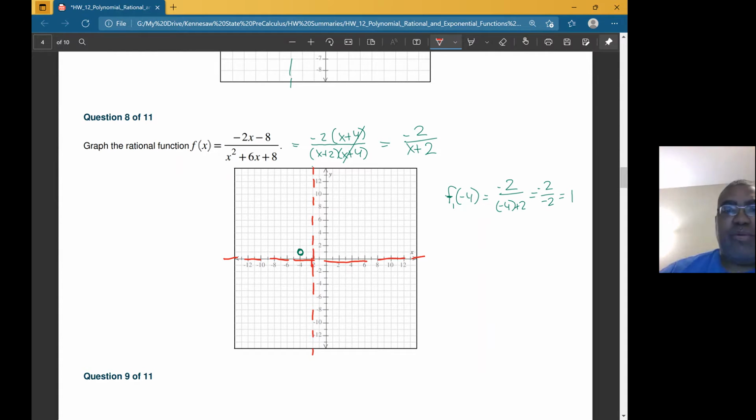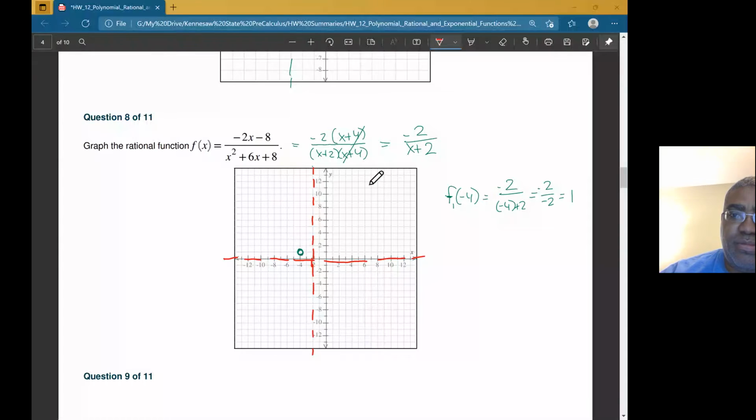All right. Now here's where I'm going to show you something on your calculator. Negative 2 over x plus 2. Let's do that. Window, calculator, here we go.